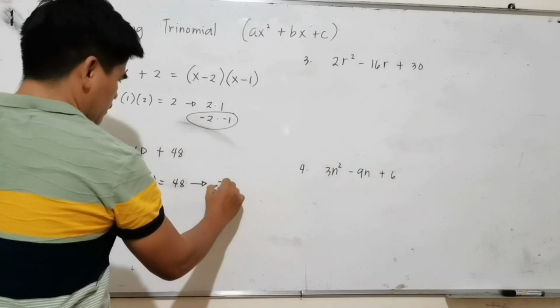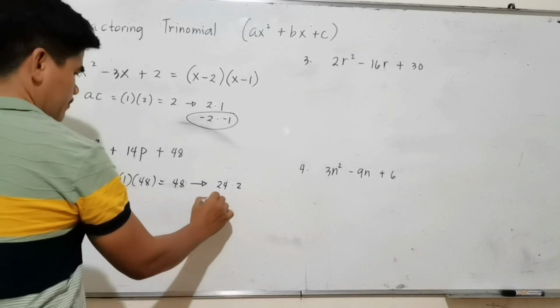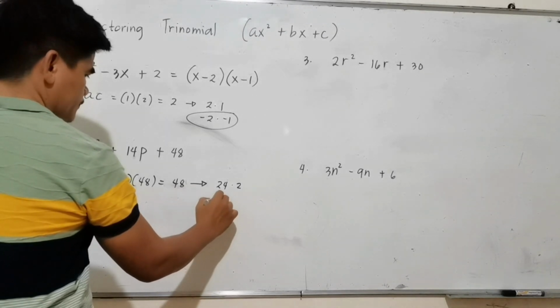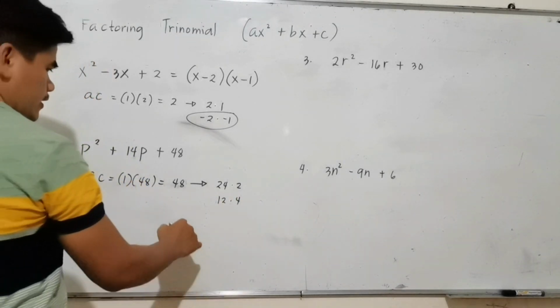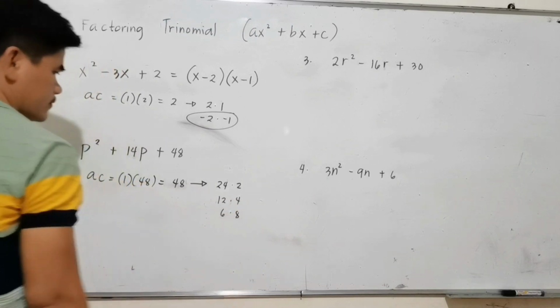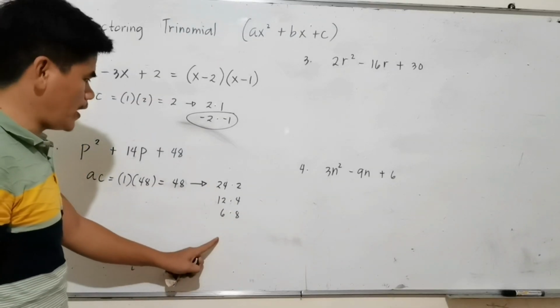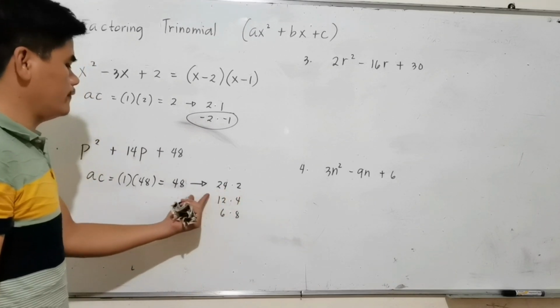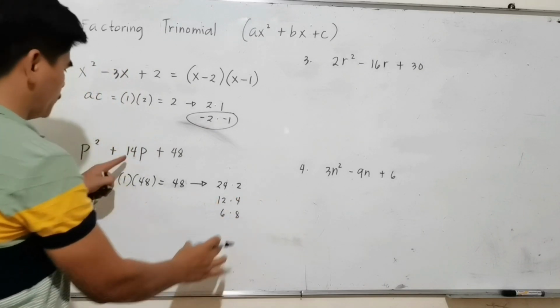48 can be 24 times 2. It can be 12 times 4. Okay? It can be 6 times 8. And many more. Now, among these factors, which of these factors, if you add, will give you 14?